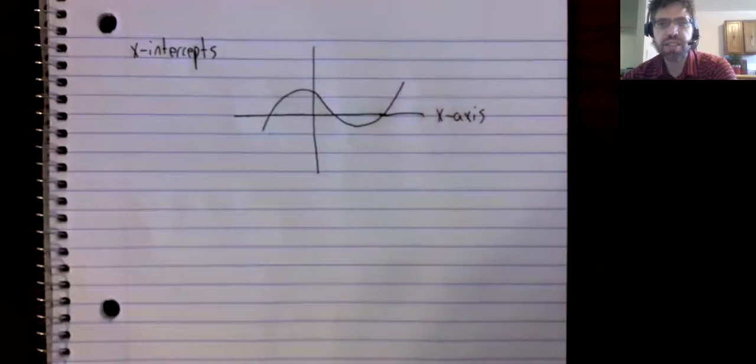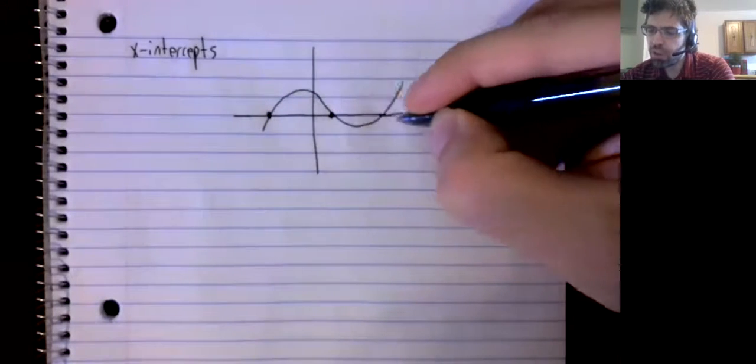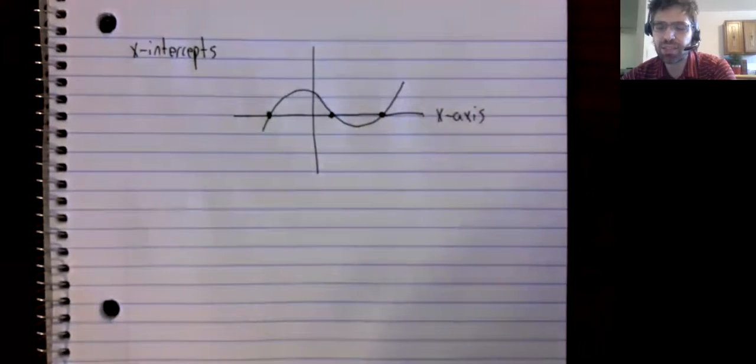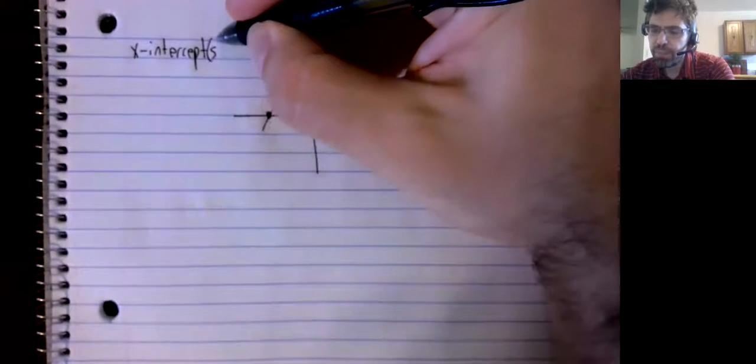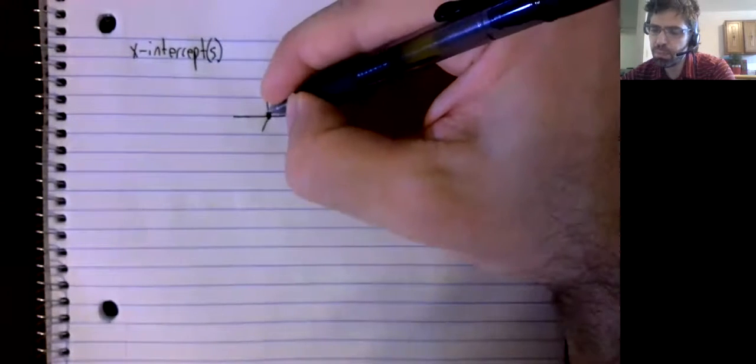You've got this axis, you've got a curve that sometimes intersects the axis. Maybe it happens more than once. You can have multiple x-intercepts.